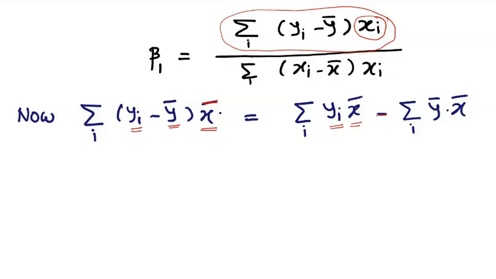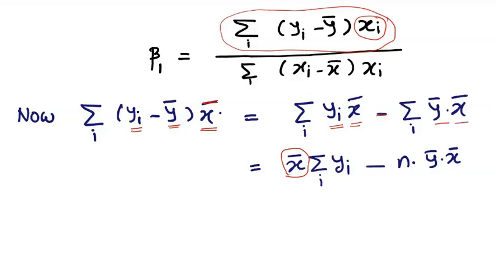Okay. The terms which are independent of i I can take outside the summation. So this term is independent of i, taken outside the summation, and this y bar and x bar are already independent of i.